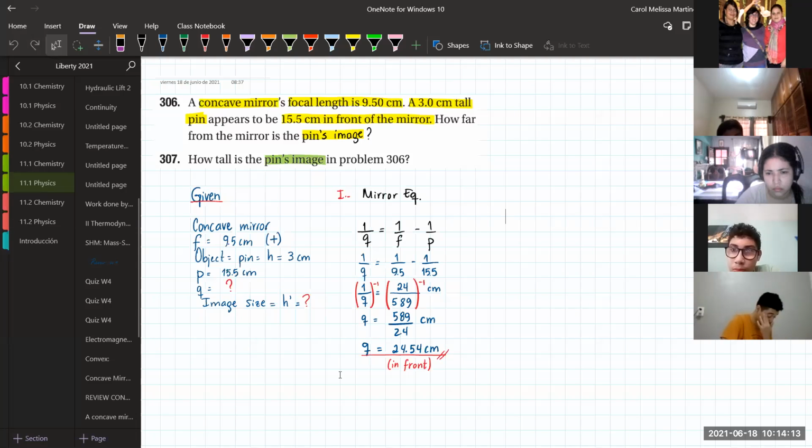In the next step, even if the problem is not asking you to find the magnification, we need the magnification because to get the pin's image height, we need to know the magnification, okay? So magnification is going to be the second step.